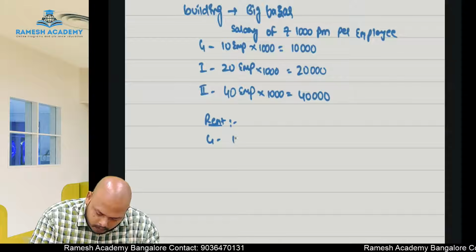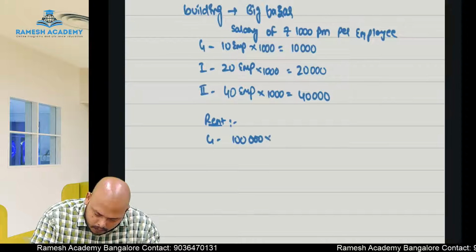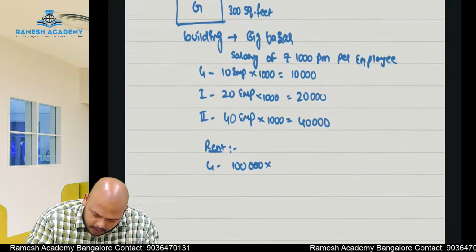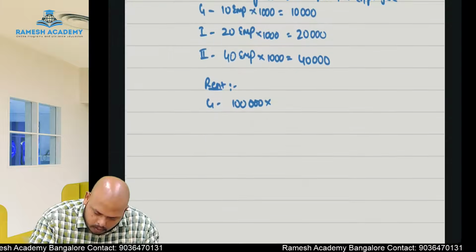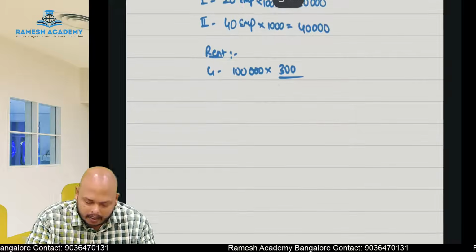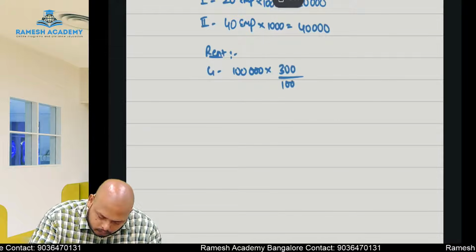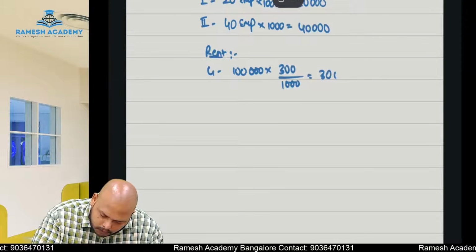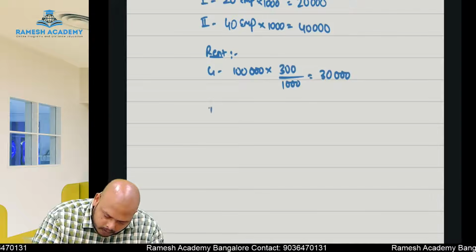For the ground floor, 1 lakh into the area occupied, 300, divided by the total, 600 plus 300, 900 plus 100, that is nothing but ground floor is 30,000.